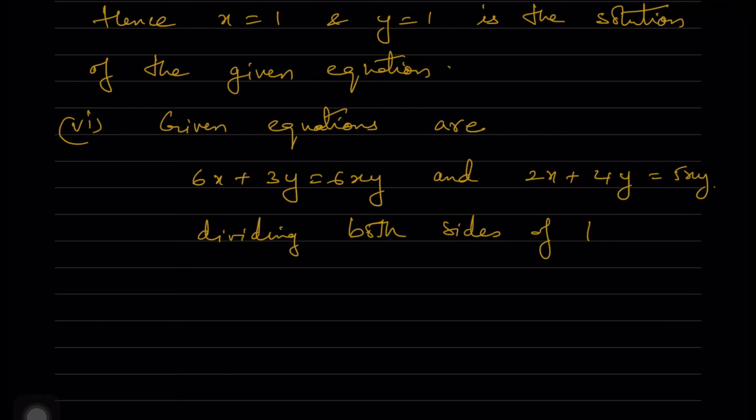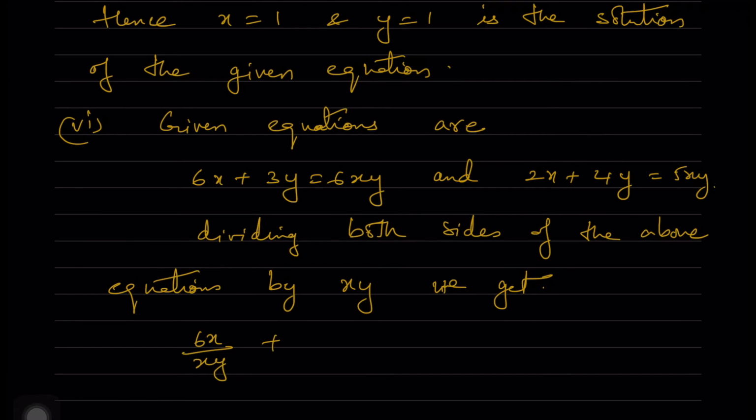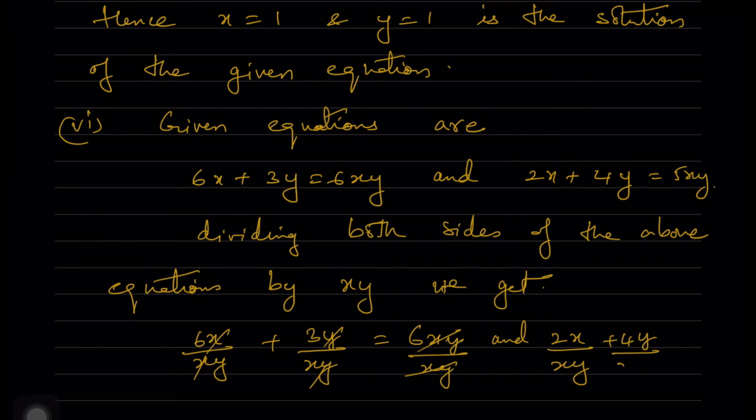Dividing both sides by xy, that is the left hand side and right hand side by xy. What are we getting? 6x by xy plus 3y by xy is equal to 6xy by xy. So x cancels in the first term, y cancels in the second, and xy gets cancelled on the right.